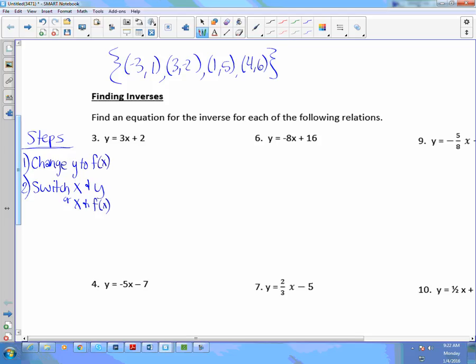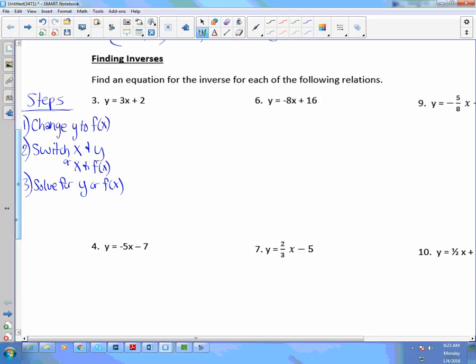We know the inverse is notated with an exponent of -1.